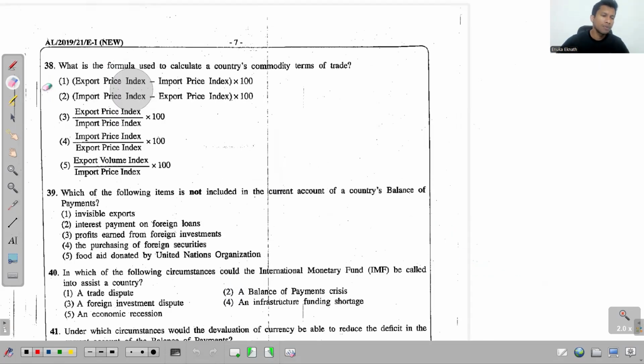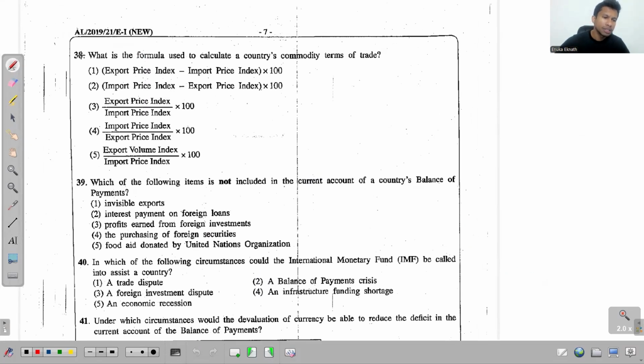Right. Look at this question 38 now. This says, what is the formula used to calculate a country's commodity terms of trade? Terms of trade is typically calculated as export price index divided by import price index times 100.